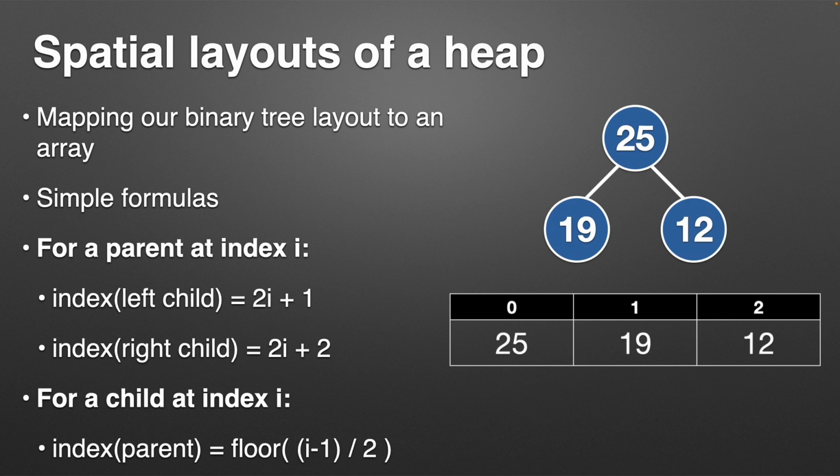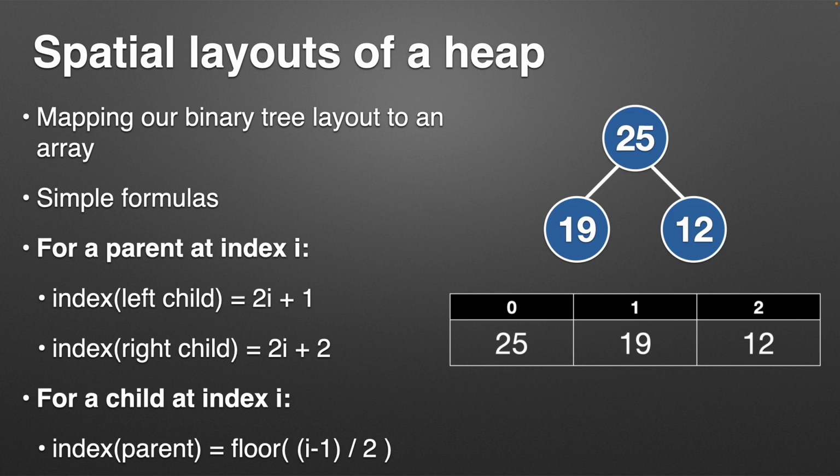But if you are looking for the parent, so if you're actually looking for a child, like let's say you have node 25, and you want to find its left child, then it's a very basic formula: 2 times the index of where 25 is, plus 1, and that gives you the left child.